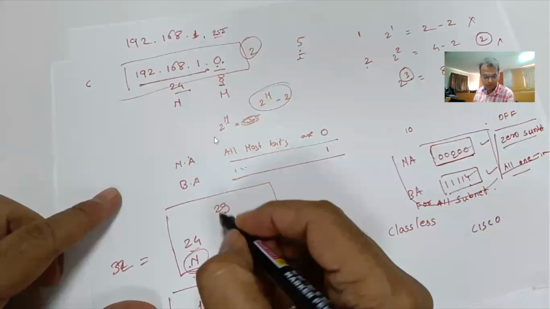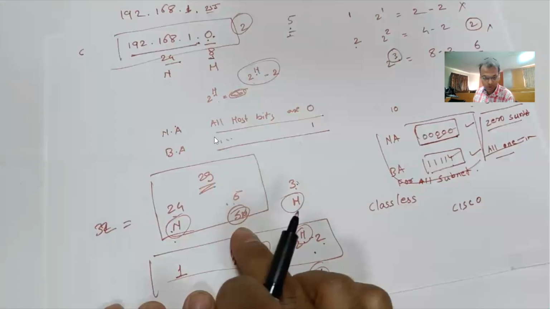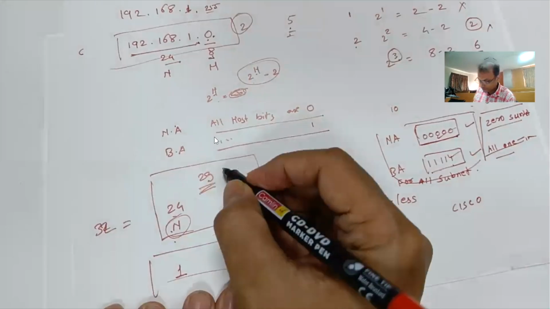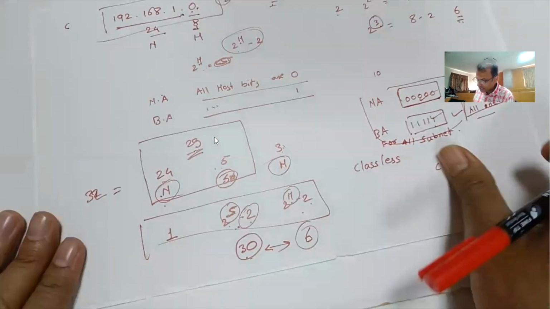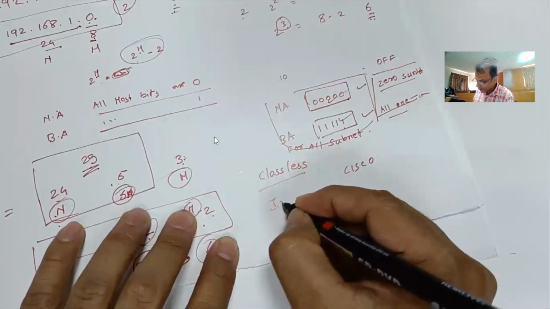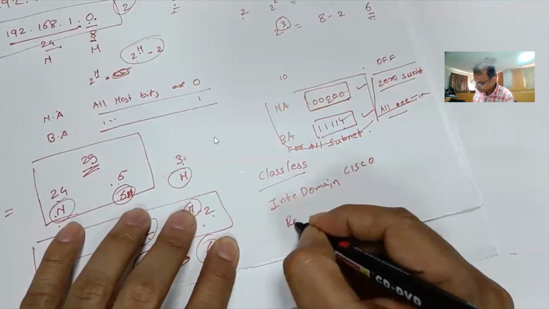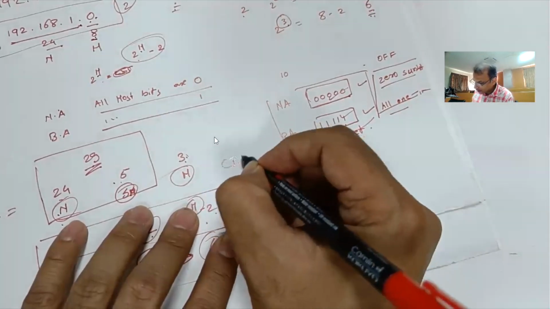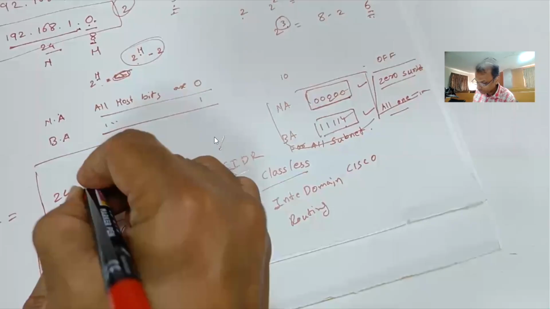It is the total number of network bits, called the CIDR value. CIDR means classless inter-domain routing. It is always represented by a slash and the number of network bits.